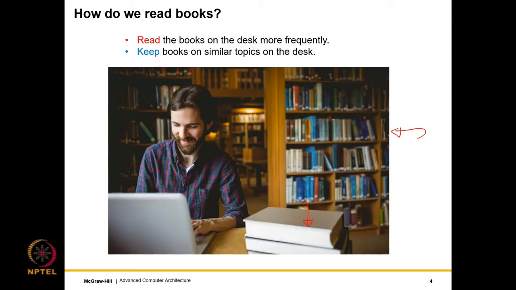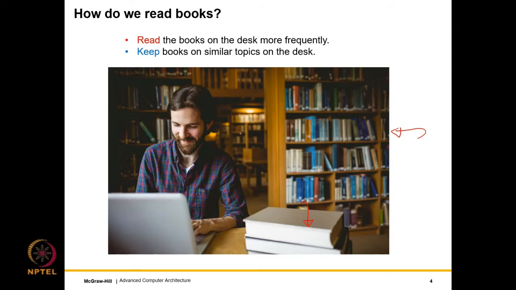And then we have a large number of books on the shelves. These books he will rarely access, but nevertheless they are required. And you can clearly see that the laptop is a small device, the books are bigger, and the shelves are much bigger than the books.